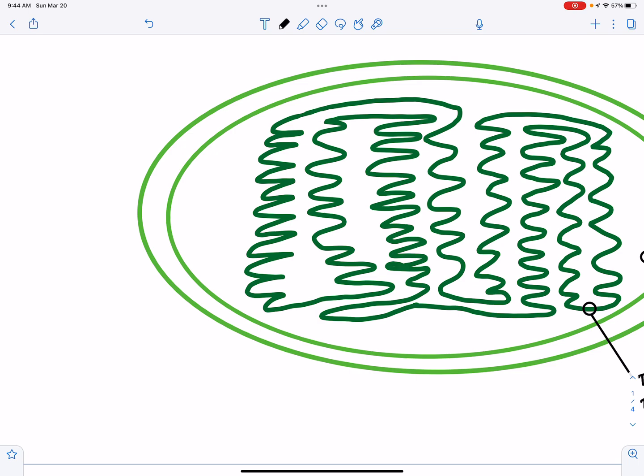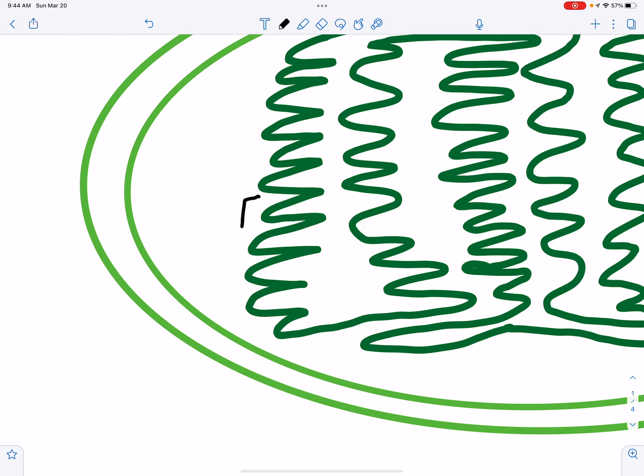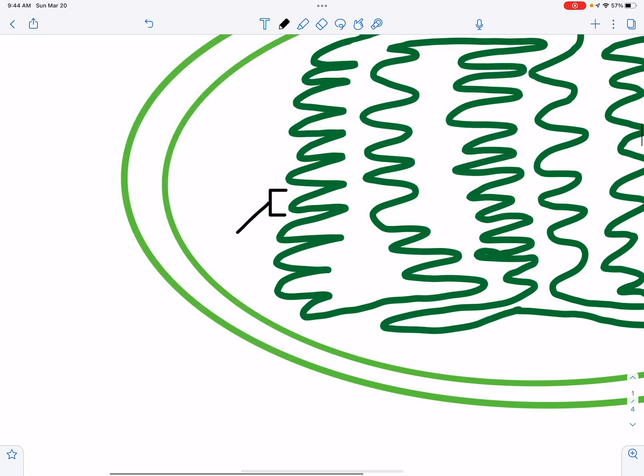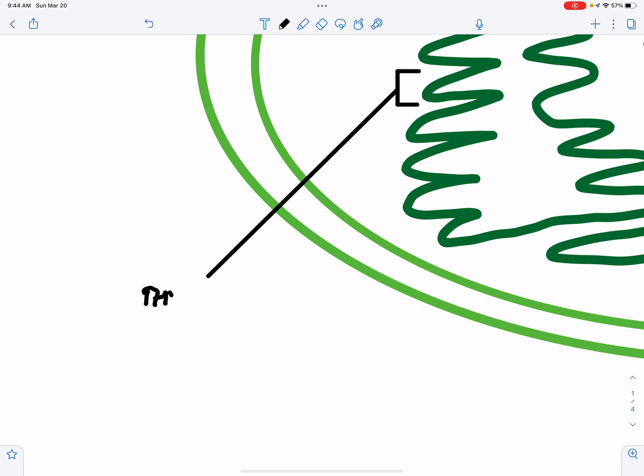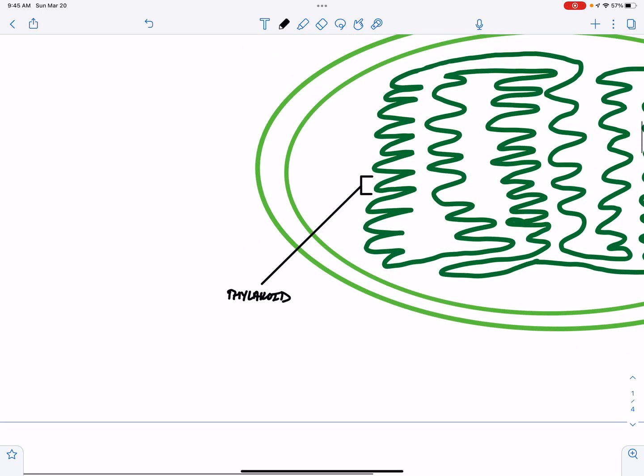A little disc of one section of the thylakoid membrane system is called, maybe not surprisingly, a thylakoid.